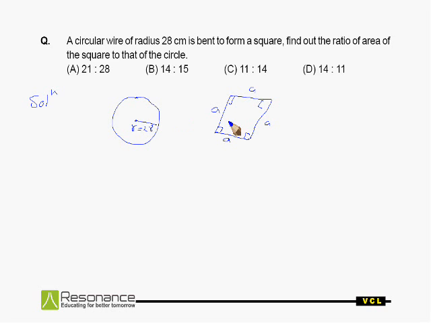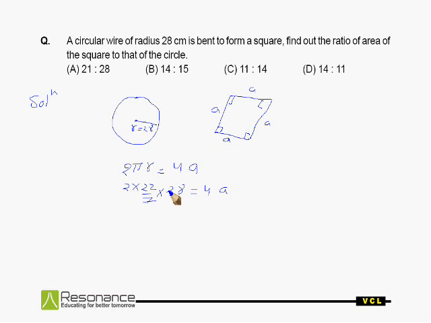Both the figures are made with the help of the wire. So in both cases the perimeter remains the same because the length of the wire is the same. So the circumference of the circle, 2 pi r, is equal to the perimeter of the square, that is 4a. So 2, the value of pi is 22 upon 7 and the radius is 28, which equals 4 times the side.